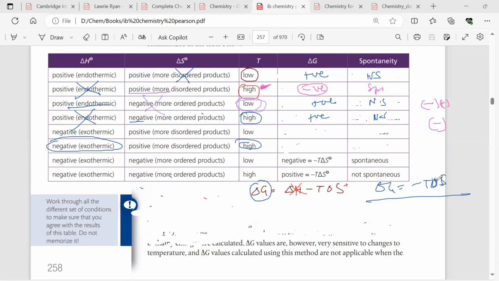So this positive and negative multiplication gives you negative. And the spontaneity will be what? It is spontaneous. Yes. Perfect. Lovely. So this is the part we have to understand, right?